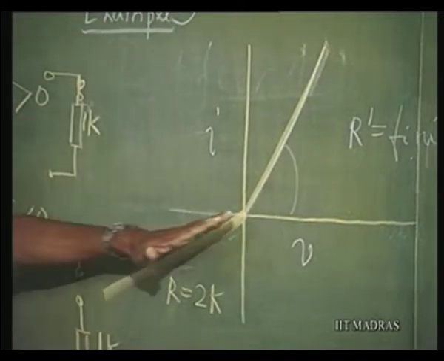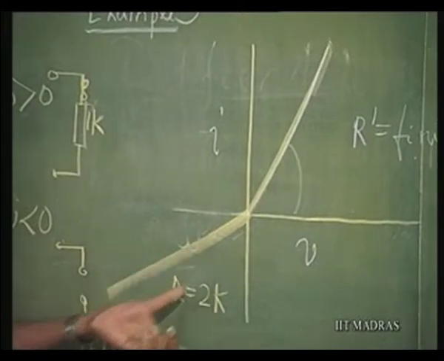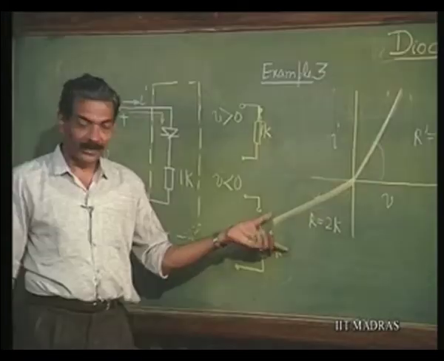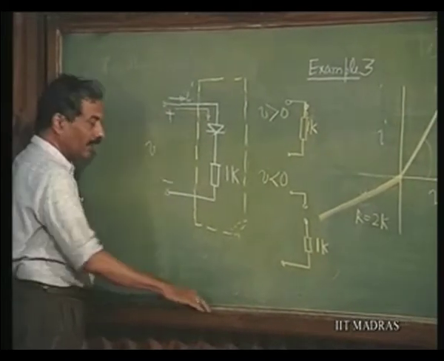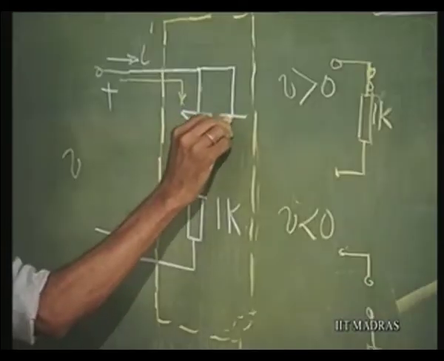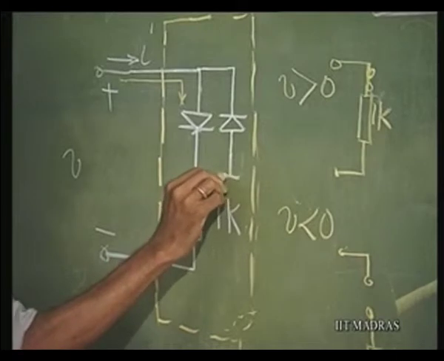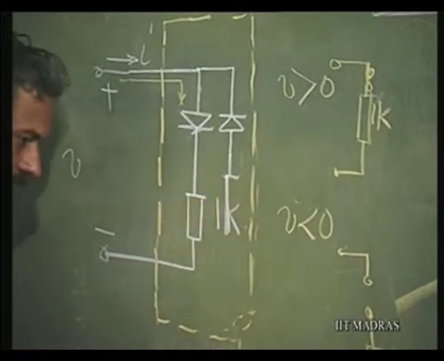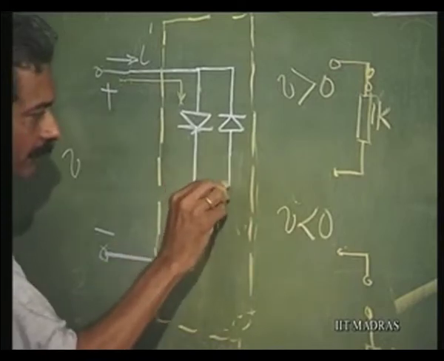In the reverse direction I had to bring in a 2k, I had to make another diode conduct. That means, when this voltage is positive and this voltage is negative, I should now put another resistance, but the diode should be in the opposite direction, so that the diode is going to conduct, and put a resistance here, so that that resistance is equal to 2k.